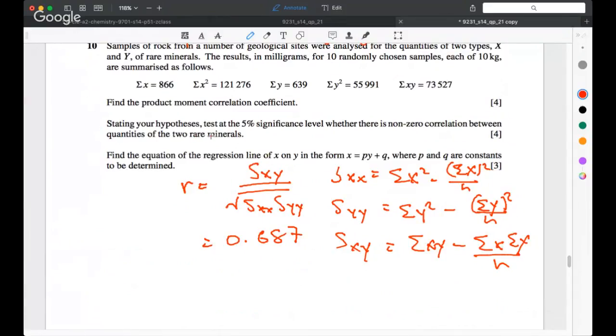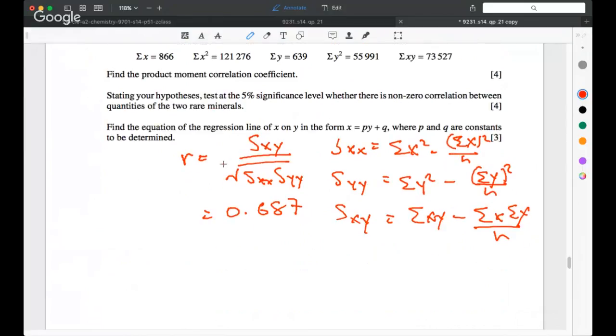The next part: state your hypothesis test at the 5% significance level of whether there is a non-zero correlation between quantities of the two rare minerals. So H0 is rho is 0, there's no correlation, and H1 is rho is not equal to 0.